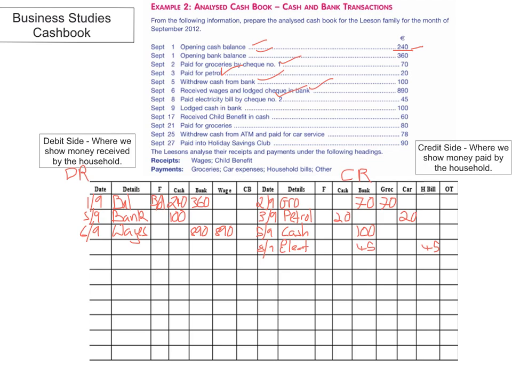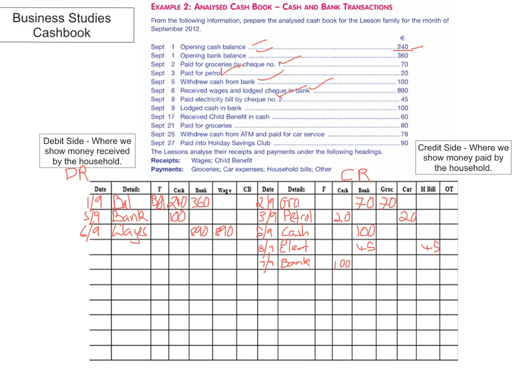The next one is lodge cash in the bank. So if you lodge cash into your bank, it'll go into both sides. So on this one here, you're paying money with your cash into your bank account. So you're going to put €100 in cash.